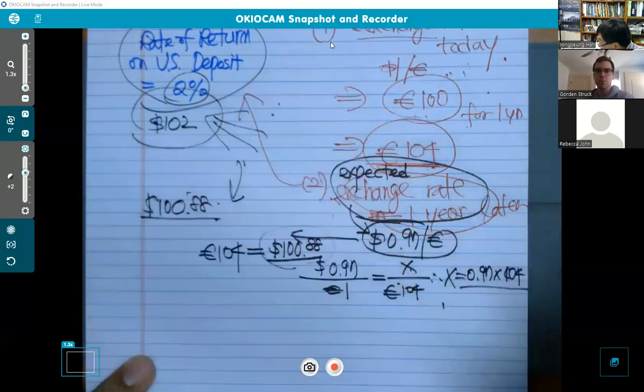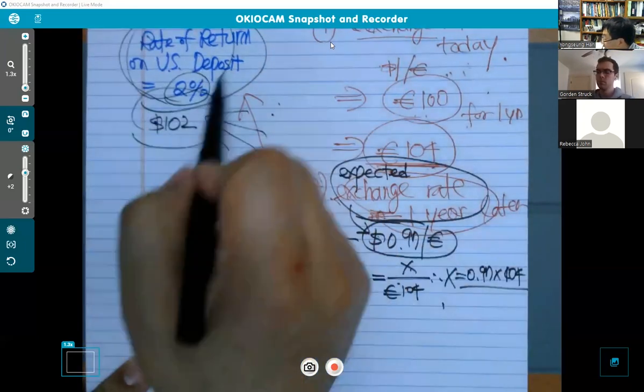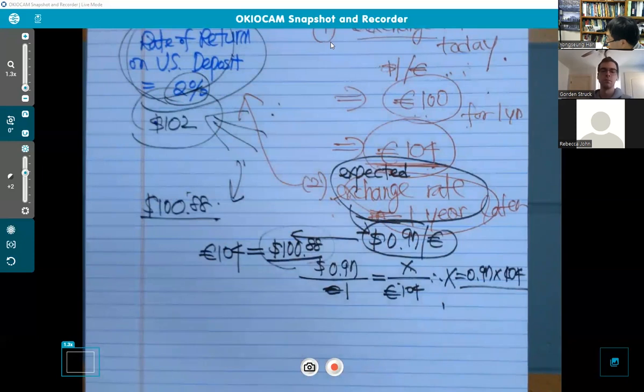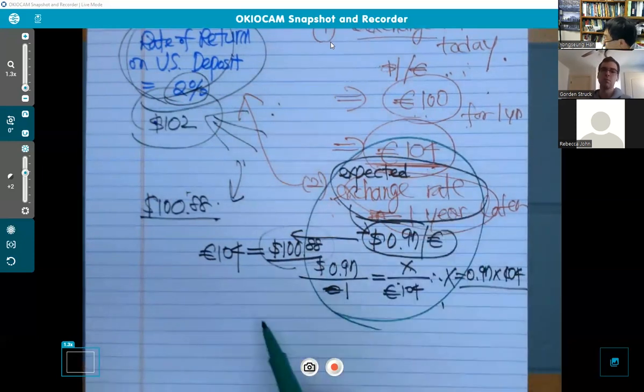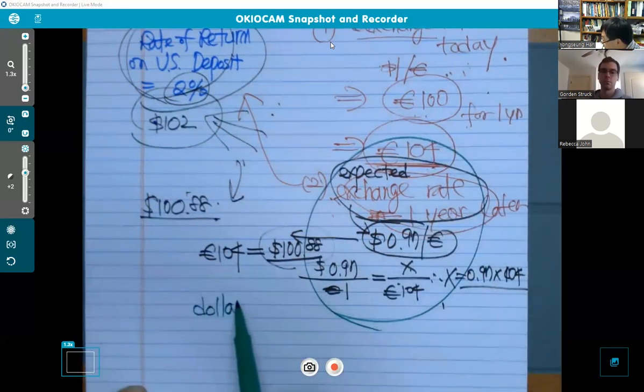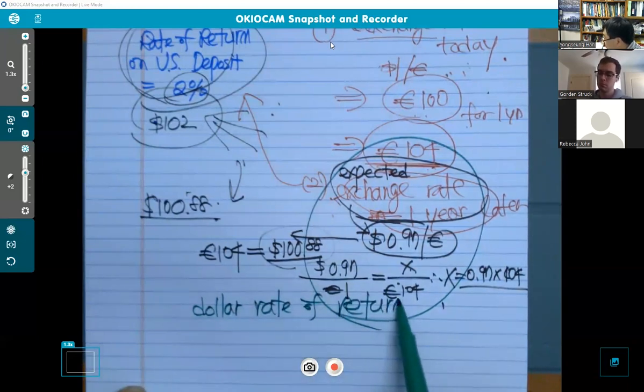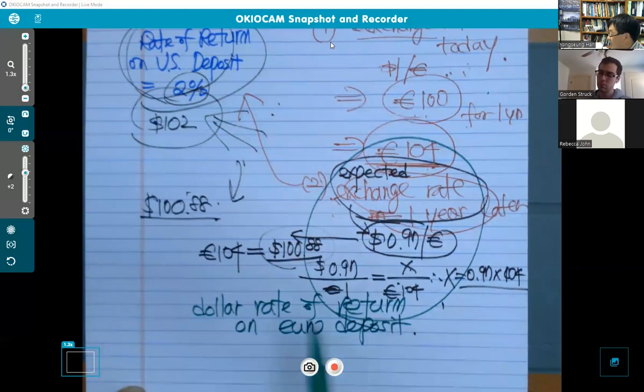So money flows based upon this aspect. By the way, this concept is called the dollar rate of return on Euro deposit. So from here, what is the dollar rate of return on Euro deposit?